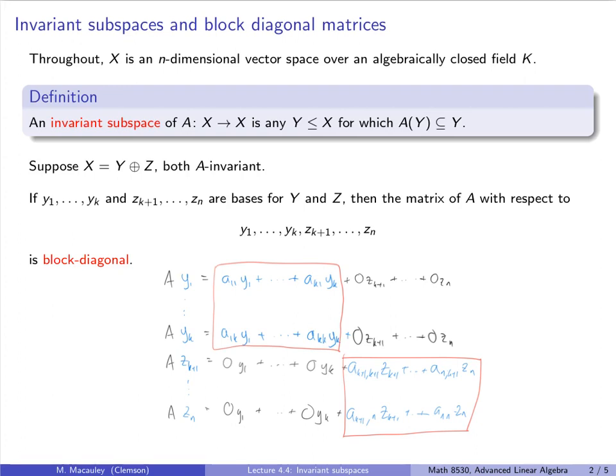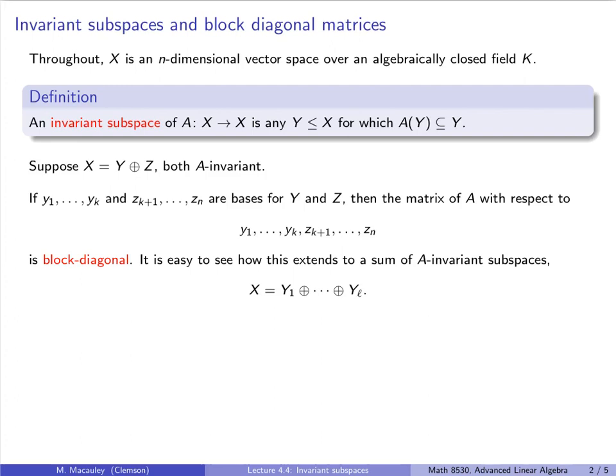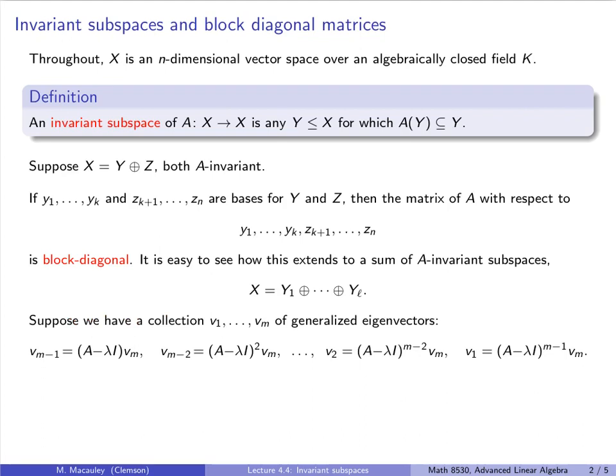Okay, so that's a bit of a preview. It is easy to see how this extends to a sum of more than two A-invariant subspaces, say y1 up to yl. Just a few moments ago, I talked about how we will be decomposing our underlying vector space into a direct sum of generalized eigenspaces for different eigenvectors, and that's in the future.